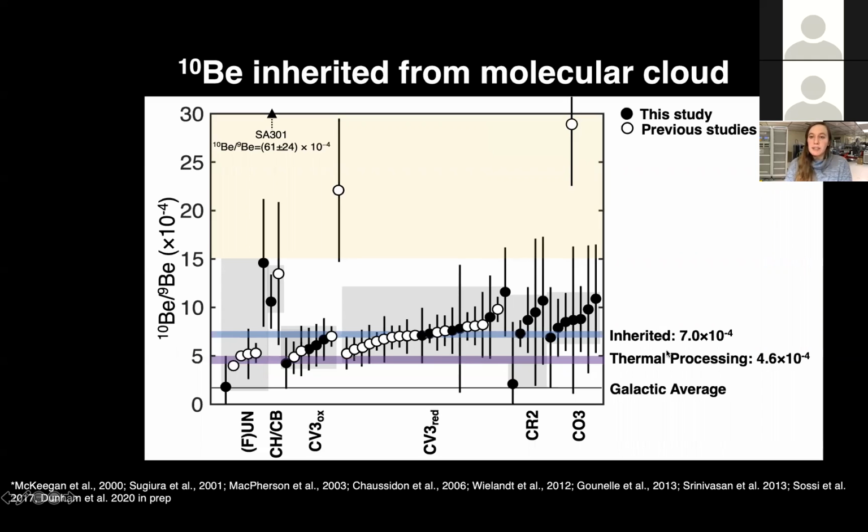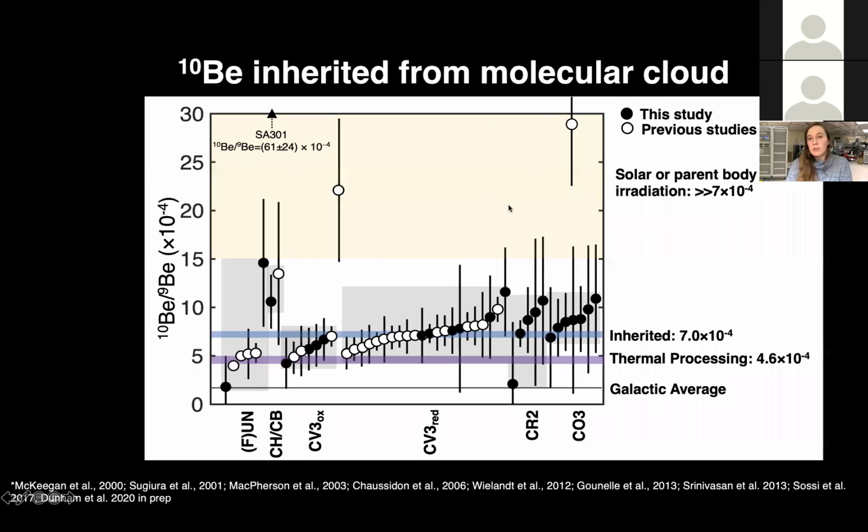Some CAIs can then be thermally processed, like the FUN CAIs down here, to find a reduced level of 10-9 beryllium of 4.6 times 10 to the minus 4, because during evaporation you could lose boron. And then there are a few CAIs, here's Lisa, and here's the interesting CHCb CAI and the interesting CO3 one.